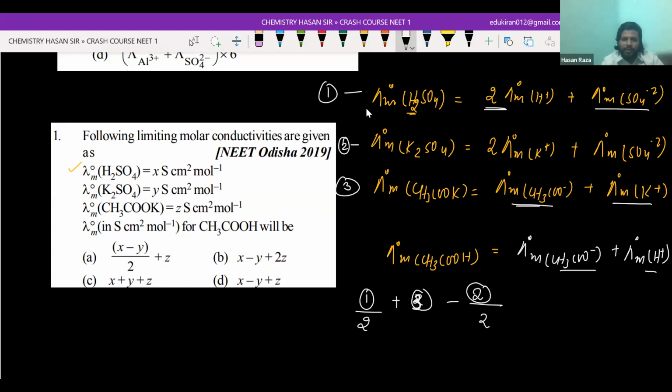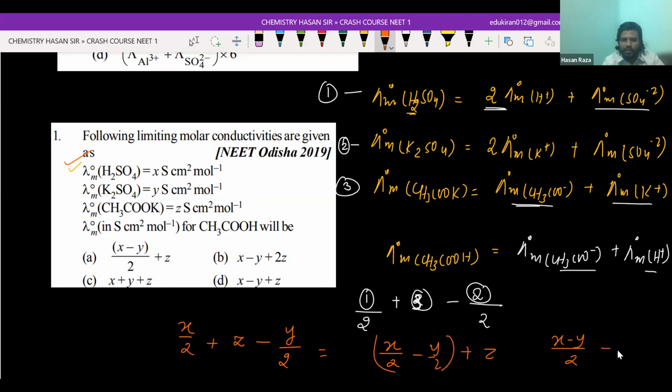So this H2SO4 has value X, and X divided by 2, plus the third equation has value Z, and Z is as it is, minus the second equation has value Y, which is divided by 2. So you can see X by 2 minus Y by 2, plus Z. We can also write it as X minus Y by 2 plus Z. So the answer is this. Is that clear, everyone?